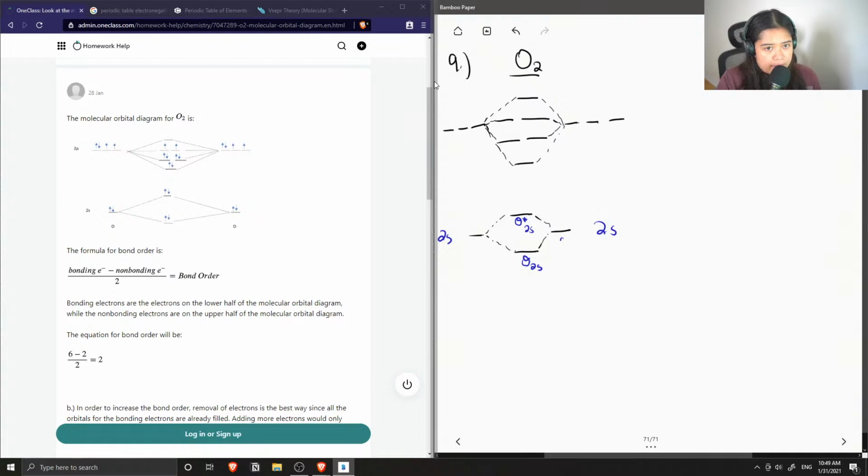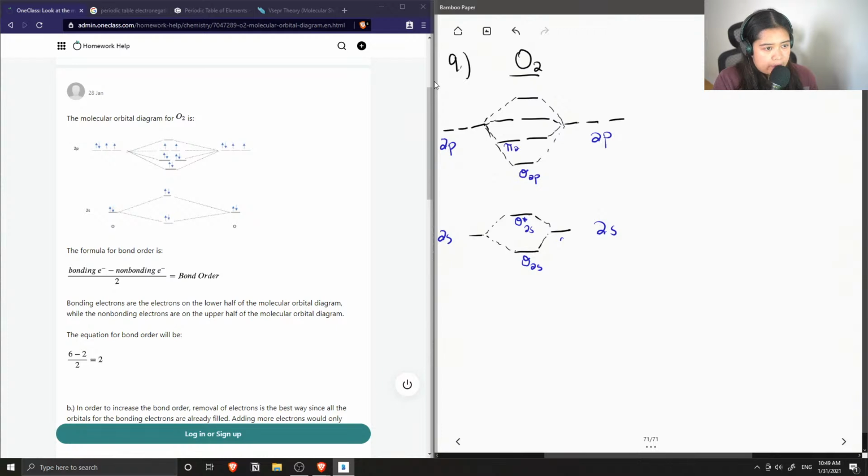So now at the top here, we have our 2p orbitals. And we have the sigma 2p. And at the top here, we have our pi orbitals.